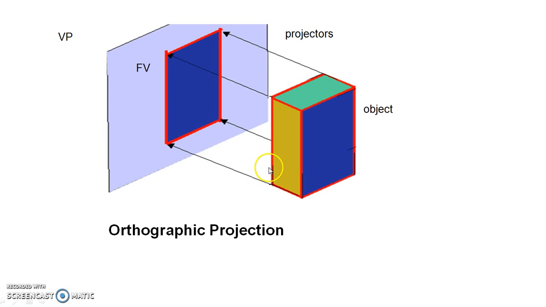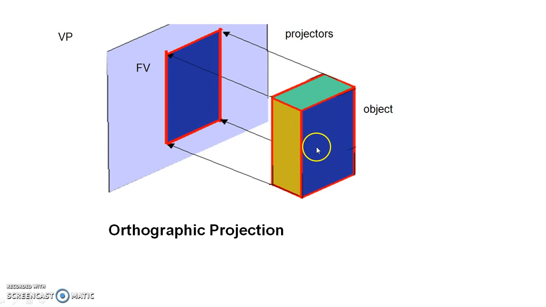Now this slide shows the orthographic projections. This is the object, this is the plane of projection. An observer is on this side and he is looking at this object so as to get the image of this front surface, the blue surface of this object, on the plane.